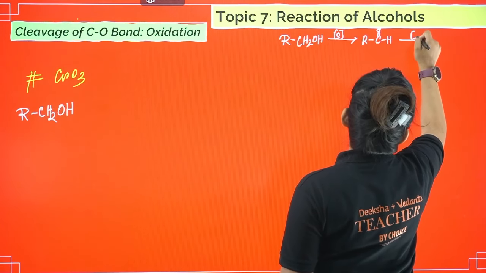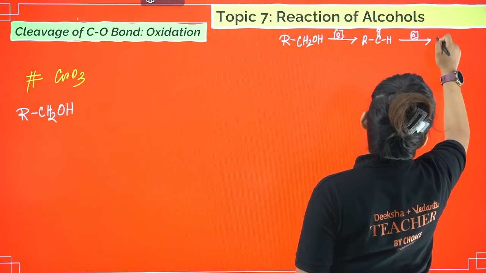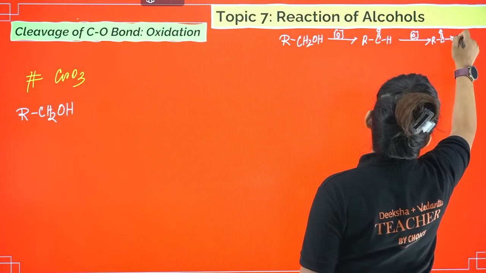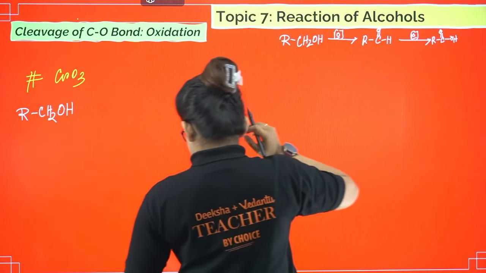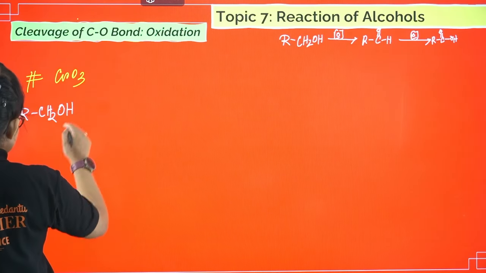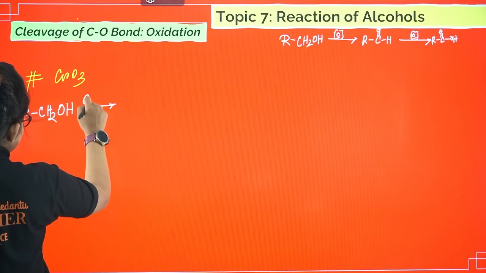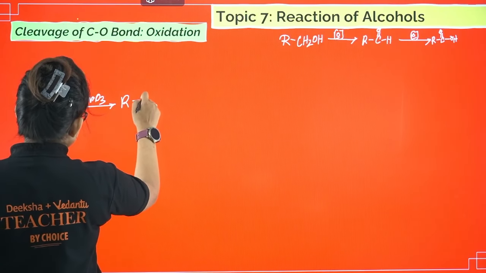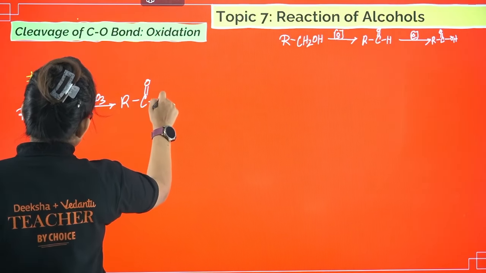Again, one step oxidation, you will end up with a carboxylic acid. Like that this process takes place.